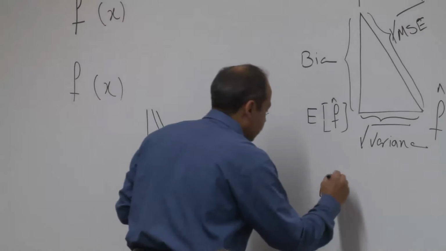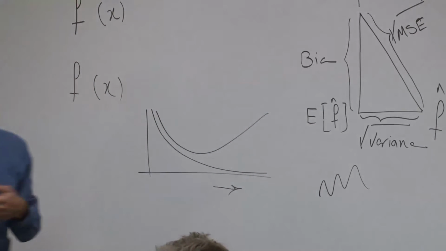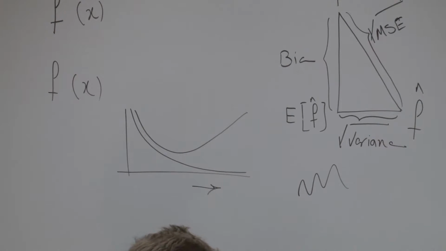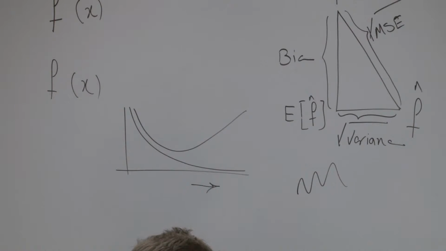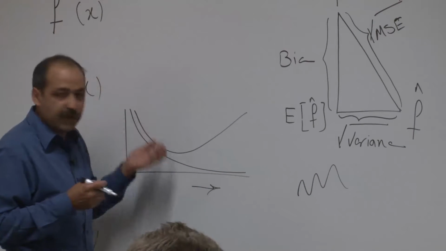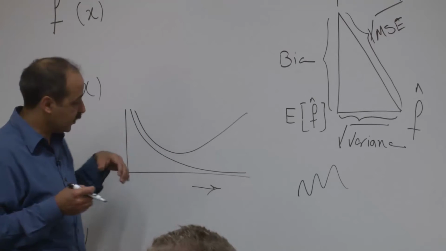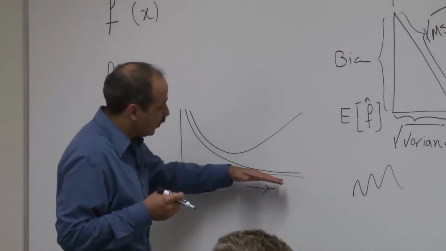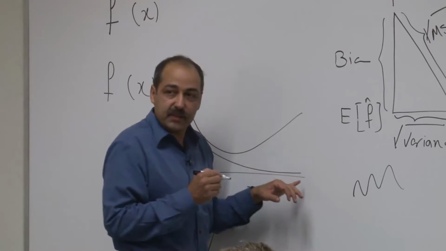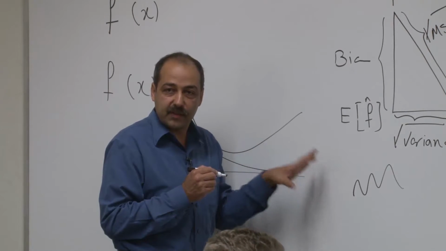A polynomial of degree 2 is more complex than degree 1. A neural network with more layers or more nodes is more complex than one with fewer. As complexity increases, the training error will decrease, and you can even make it 0.